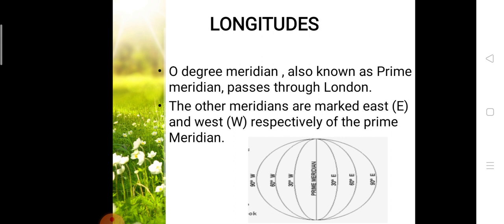0 degree meridian, also known as the prime meridian, passes through London, Greenwich you can say. This meridian is called the prime meridian. Its value is 0 degree longitude, and from it we count 180 degree eastwards as well as 180 degree westwards.